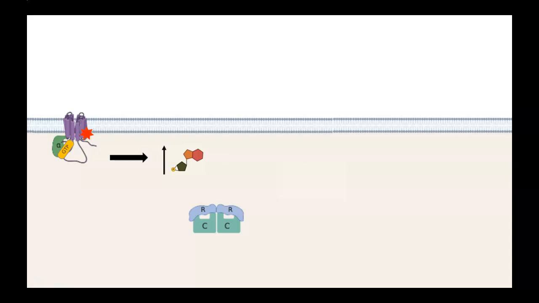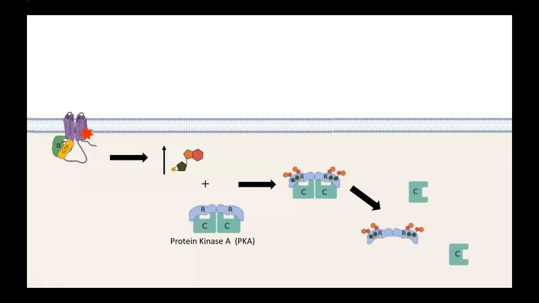And what happens when there's an increase in cyclic AMP is 4 cyclic AMP molecules bind to the regulatory subunits, 2 to each one of them, and that causes the regulatory subunits to dissociate from the catalytic subunits. We get the release of 2 active PKA molecules, and those kinases then can phosphorylate target proteins.